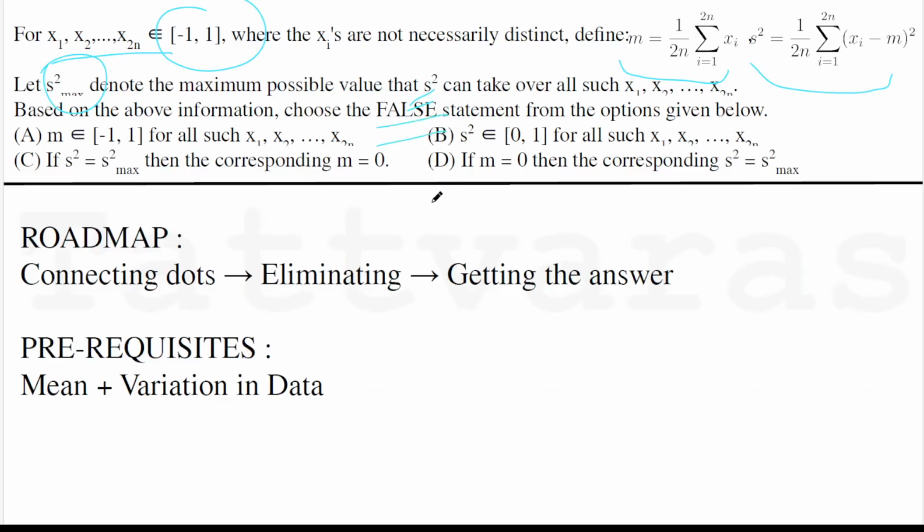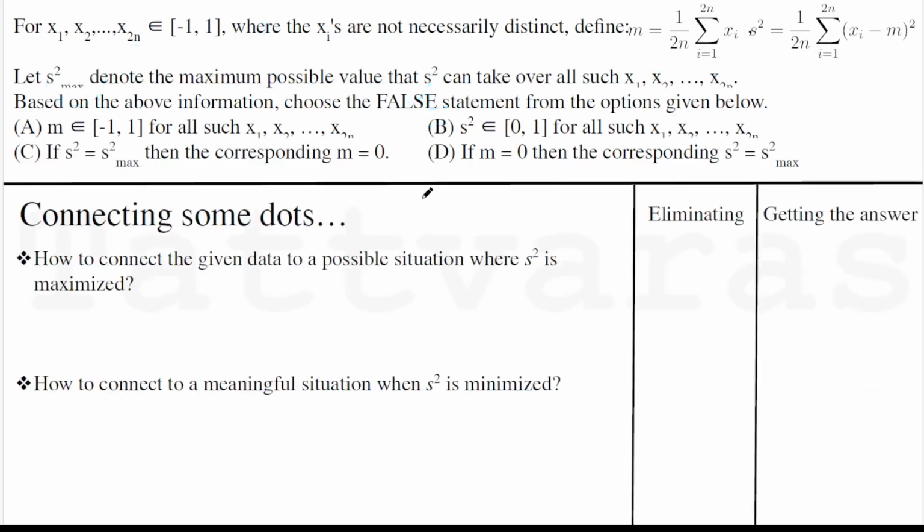So let's get started. Based on the nature of the four options given to us, we see this condition S square equals S square max coming in. So we would want to connect the dots on the situation where the variance S square is maximized. What could be that situation?